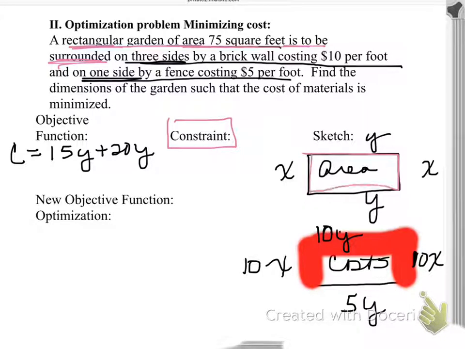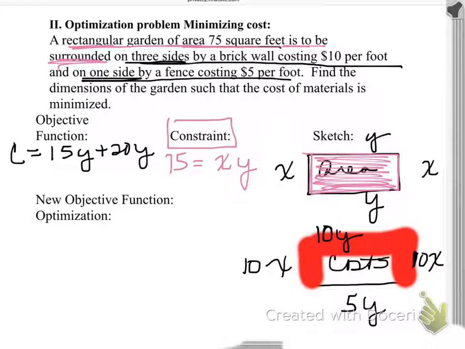This is the area of the garden. And I'm going to say, what does that area equal? Well, that area is going to equal x times y. But it's more than just x times y. I already know that the area equals 75, so I do not need to add another variable. So I'm going to take away that variable, and I'm going to make this 75.